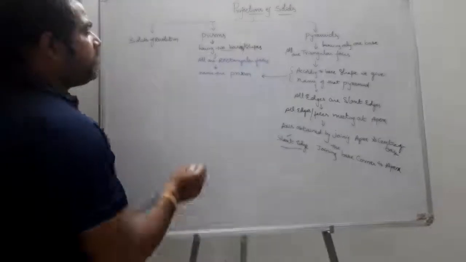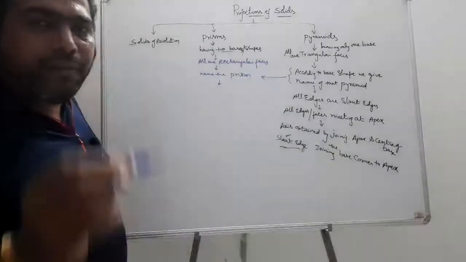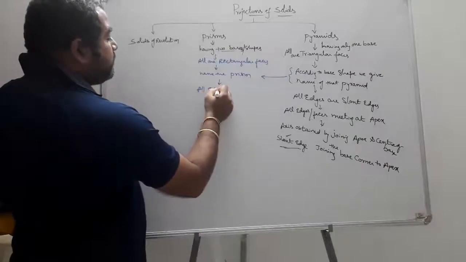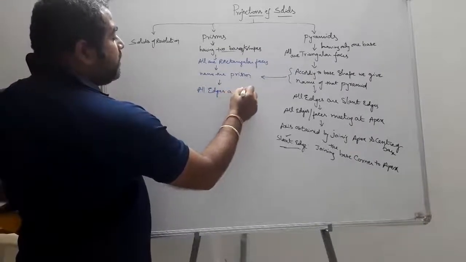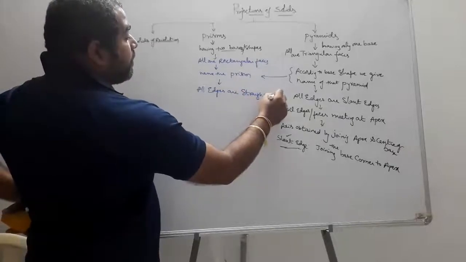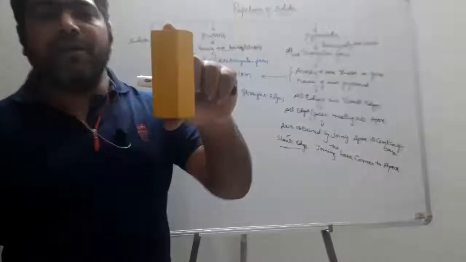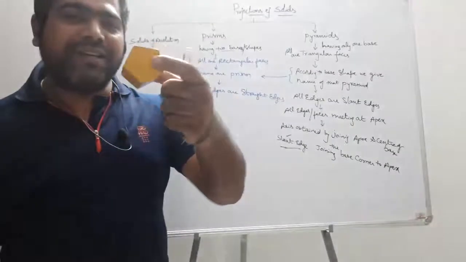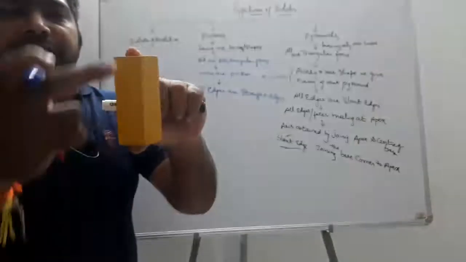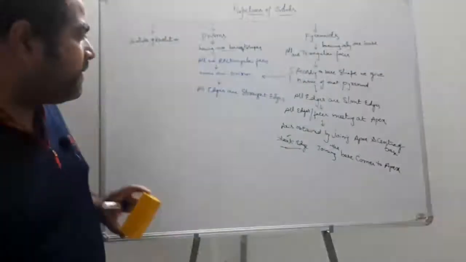Next, all edges are slant edges in the pyramid. While coming to the prism, all edges are straight edges. Let us see. This is a prism, having edges which are straight edges. All the edges are straight.